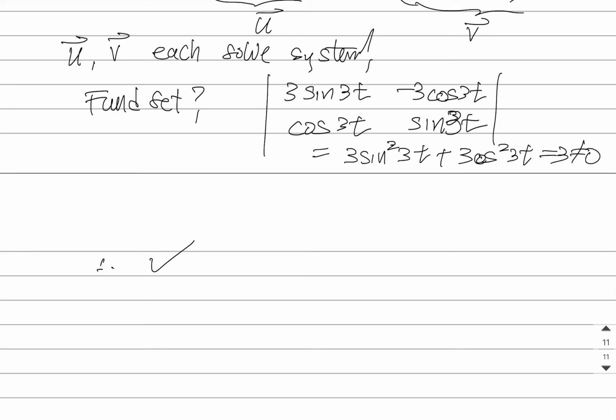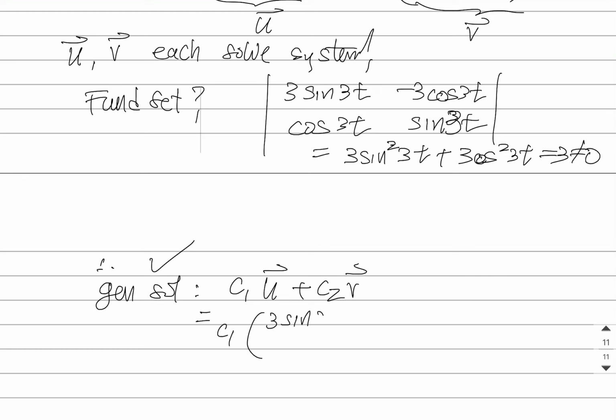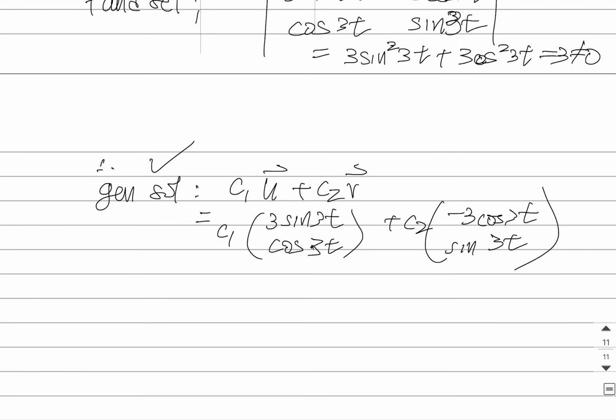So the general solution is going to be C1 times that vector u plus C2 times that vector v. So it'll be C1 times 3 sine 3t, cos 3t plus C2 times negative 3 cos 3t, sine 3t. And that illustrates the process to you.